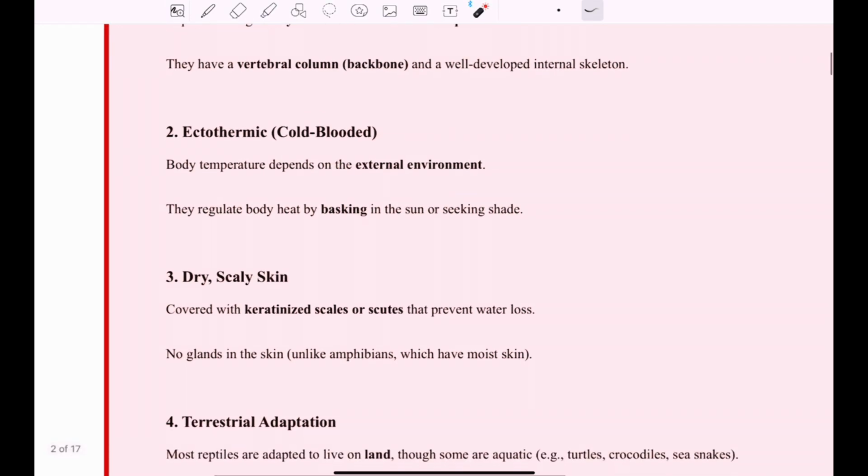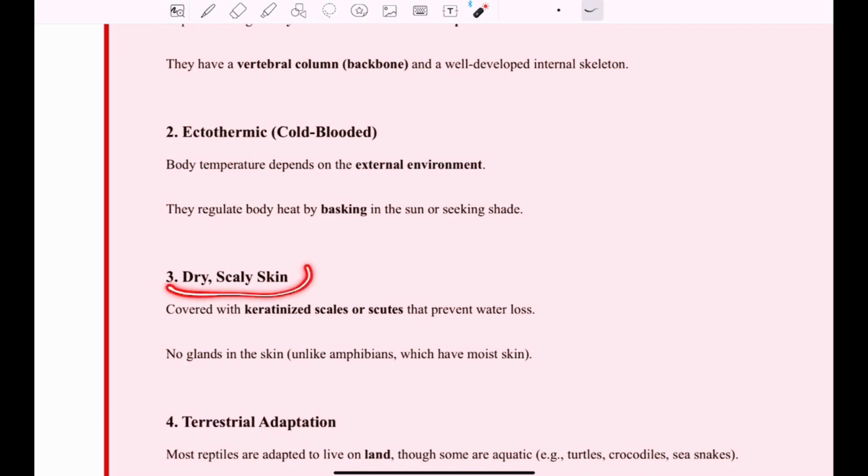So in order to regulate the body temperature, you must have seen crocodiles, or for example the Komodo dragon, come out in the sun and do basking, that is remaining in the sun, to regulate the body temperature. Or you will also observe that on hot summer days they move towards a shady region. So these are ectothermic.